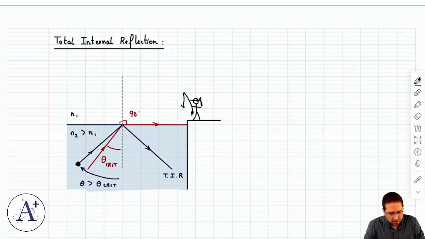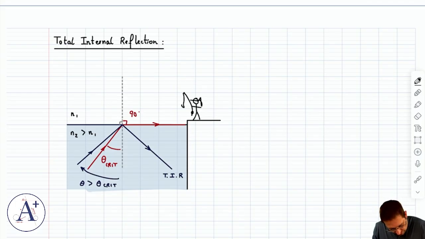And the bigger this angle is, the more likely that's going to be the case. That's why we say there's something lurking under the surface. If you get right under the surface, this angle is going to be very big, and you're not going to be able to see what is just under the surface.